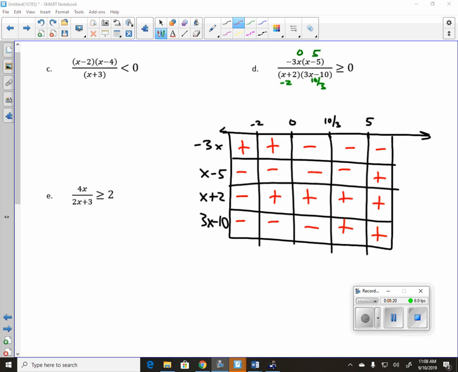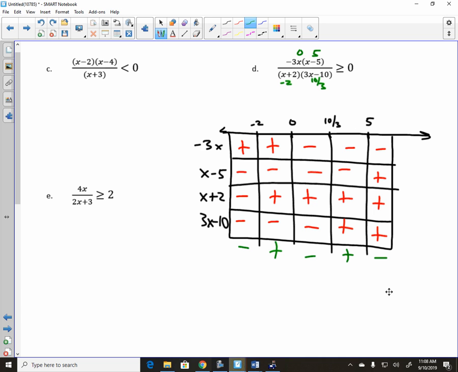So if I've got 3 negatives, this is going to end up being negative. How about this one? Positive, negative, positive, negative. Now, you can see that the signs alternate. The truth is that the majority of the time they do alternate, but it does not happen all the time. So, am I wondering where it's positive or negative? Positive.